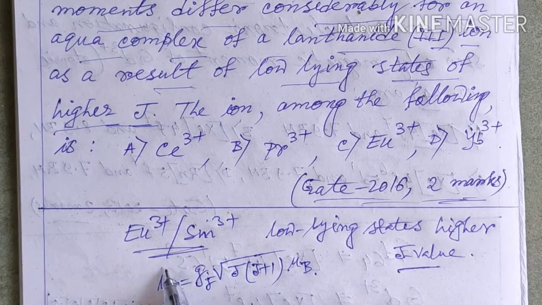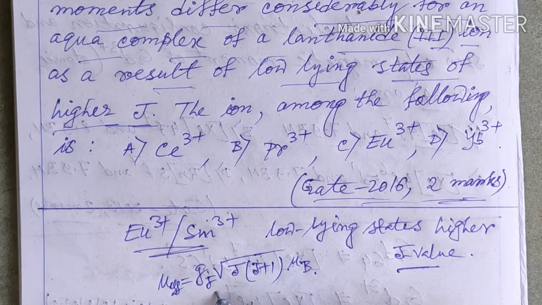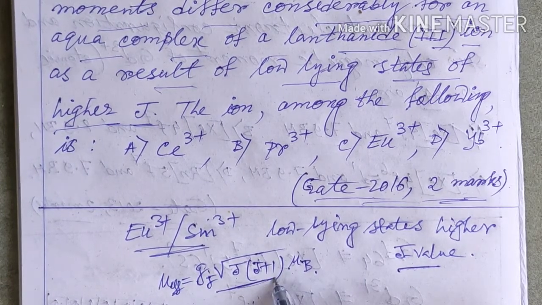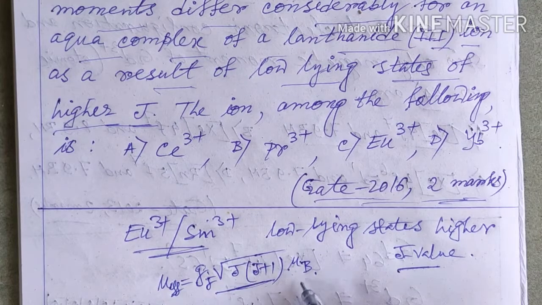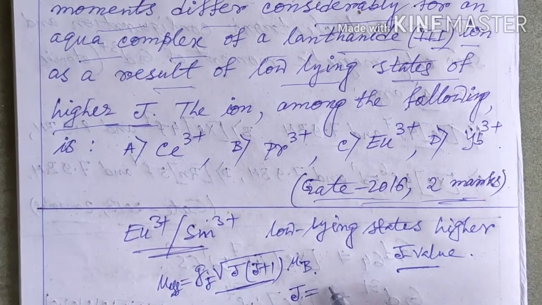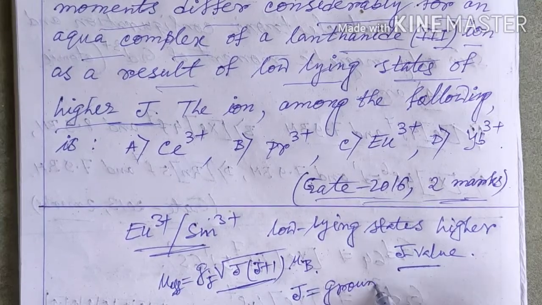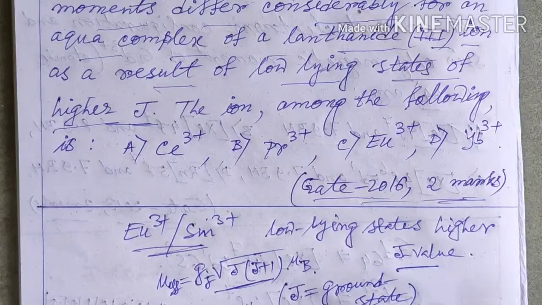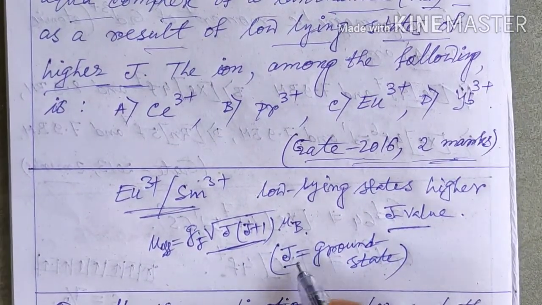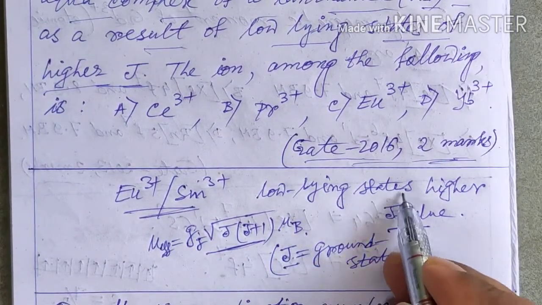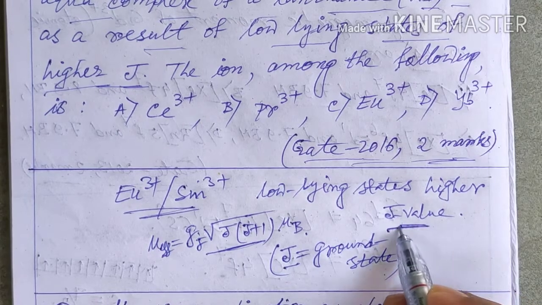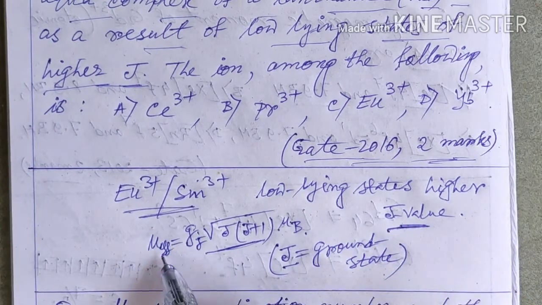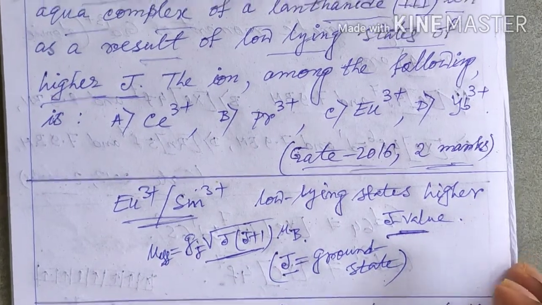if we calculate the magnetic moment, it will be higher than that calculated using this Landé equation, since this equation is for J populated for the ground state, and for the ground state the J value is less, but for a low-lying excited state, since the J value is higher, the magnetic moment will be higher.